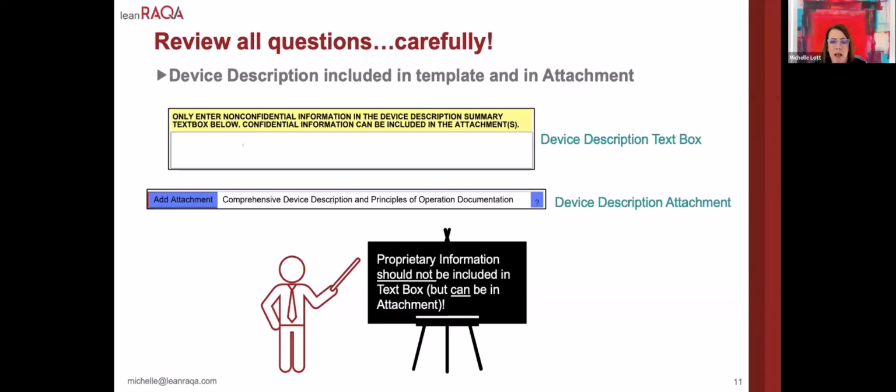But be very mindful that anything you put in a yellow text box can be made into the 510K summary that is publicly available. So anything with a yellow header up here like this, you need to be very careful that you don't put anything that's proprietary or overly detailed, because we'll talk about how to build a 510K summary in the template in a minute. And so that's going to be really important.